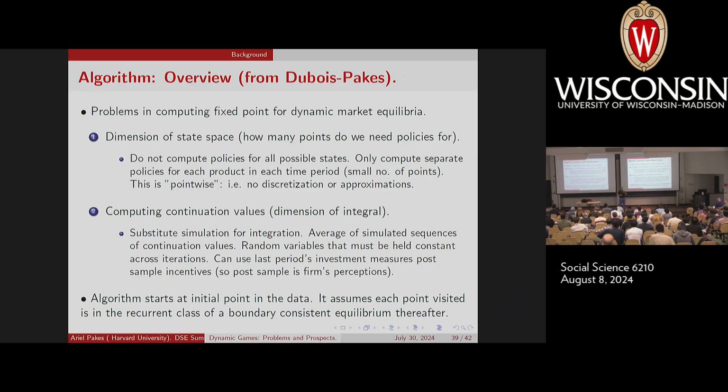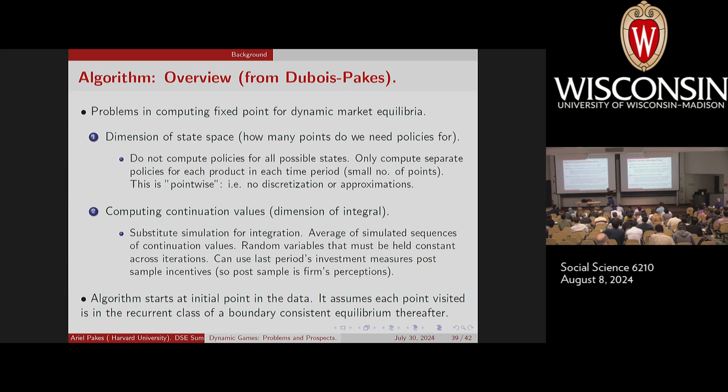For 37 periods and 25 drugs, I'm going to compute equilibrium policies. So that's 37 times 25, maybe it's 1,000 points. Even the simplest model, you'd get into hundreds of thousands or millions of points for computing it. So I'm not going to do that.